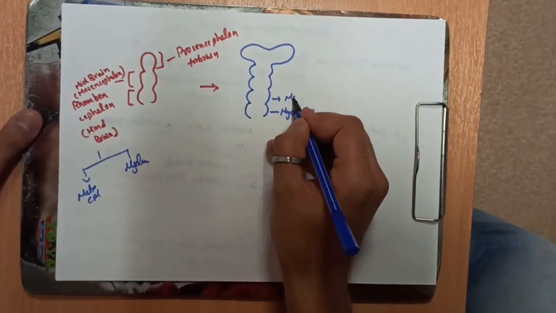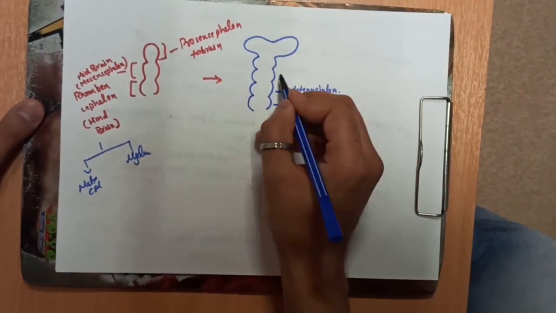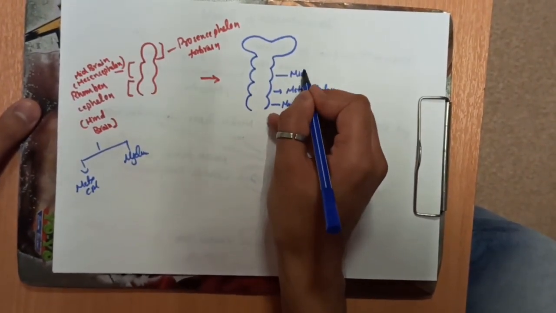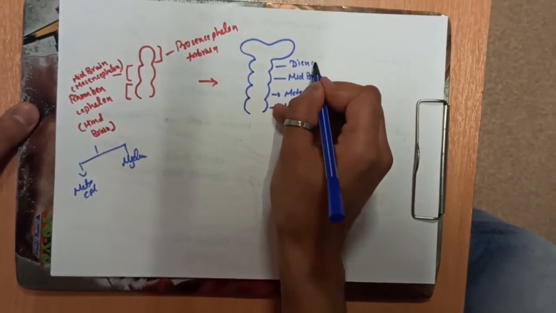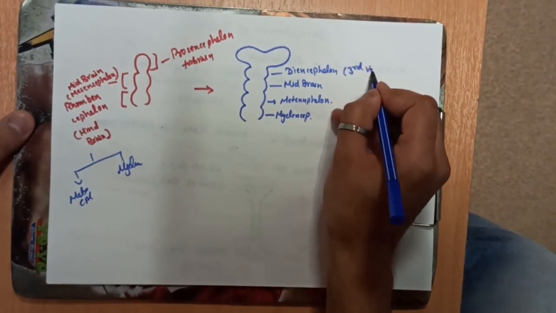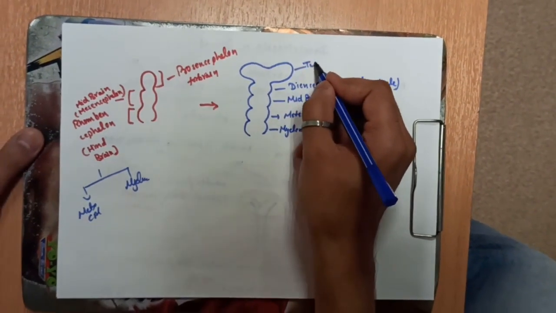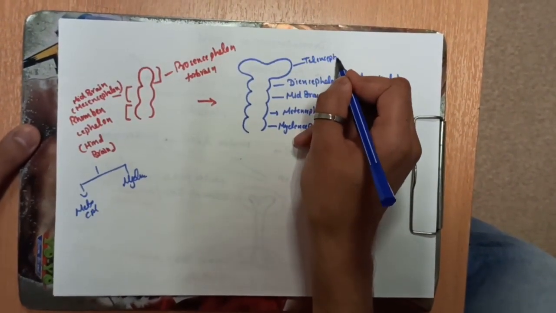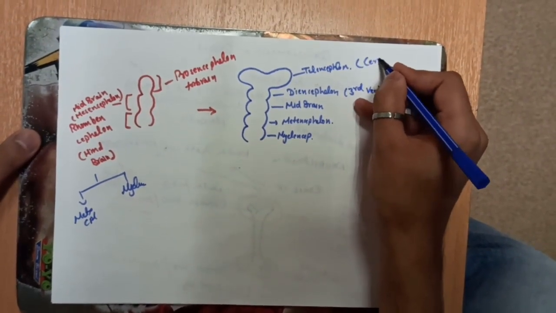This will develop into the metencephalon. This will be the midbrain. This is the diencephalon or the third ventricle, and this is the telencephalon, or you can say the cerebrum.